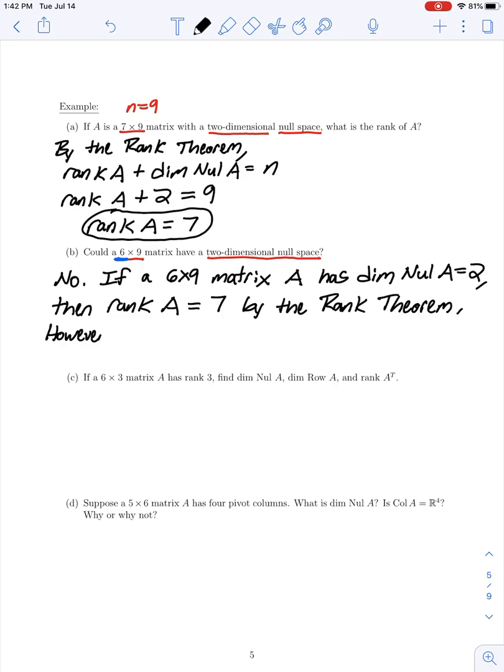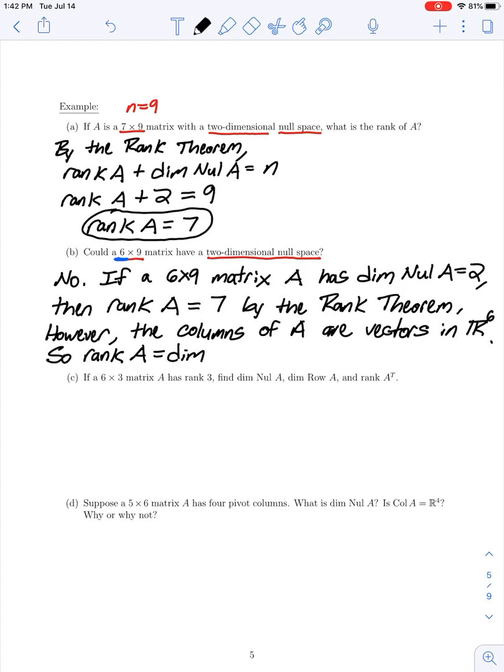However, the columns of A are vectors in R6. Since this was a 6x9 matrix, each column vector only has 6 entries. And so the rank of A, which is the dimension of our column space of A, cannot exceed 6. All right.